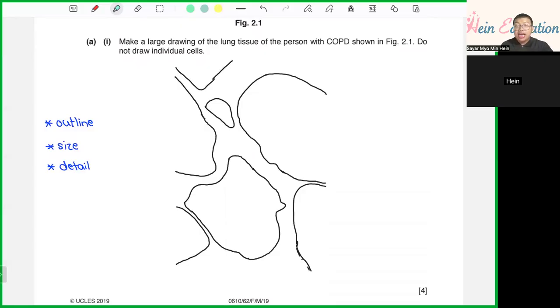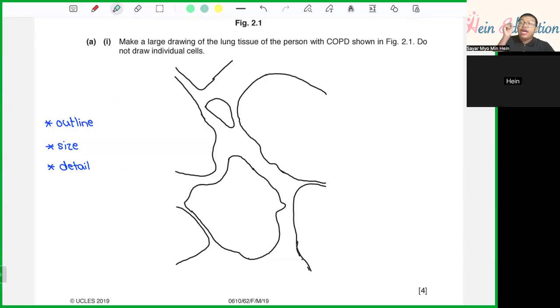In this kind of question, they are testing you to draw the outline. You don't need to shade. You don't need to draw individual cells. So outline is important. And the size: make sure you draw something larger than the provided diagram. Some students make the mistake of drawing a diagram even smaller than the provided image. That is not a large drawing.